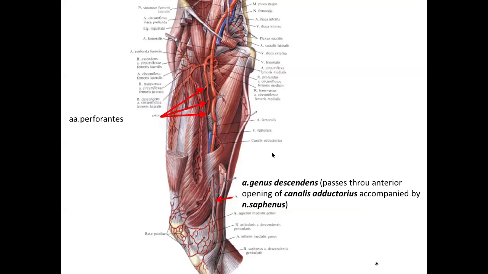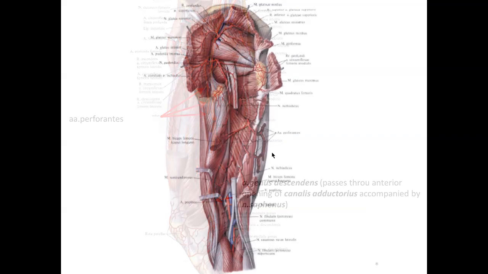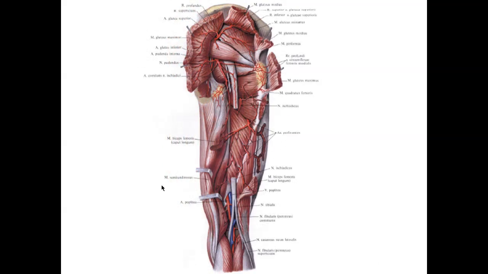And now let's use another picture. You can recognize that this is the posterior surface, that the more superficial muscles were cut and opened in different directions, and in the deepest region of the posterior surface we can find several vessels. What are they?